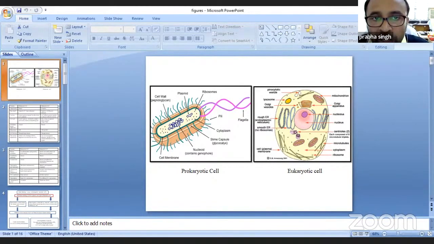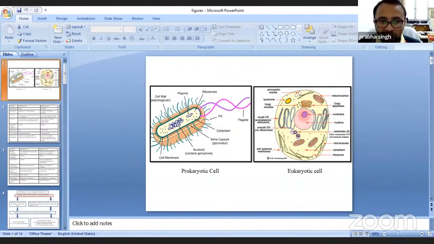The prokaryotic cell has a simple organization, while eukaryotic cell has a complex organization. Simple organization means, if you see point number 4, membrane bound organelles are absent in the case of prokaryotic cell, while they are present in the case of eukaryotic cell. So many structures are there in the case of eukaryotic cell which make it complex.